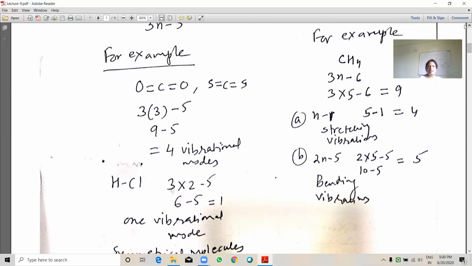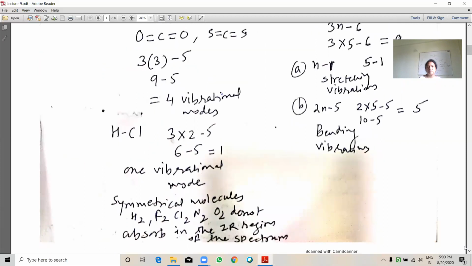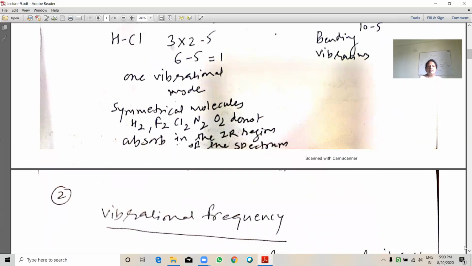So 5 are bending vibrations. So the total number of vibration modes is 9: 4 are stretching and 5 are bending. Symmetrical molecules like hydrogen and nitrogen don't have a dipole moment, so they do not absorb in the IR region of the spectrum.